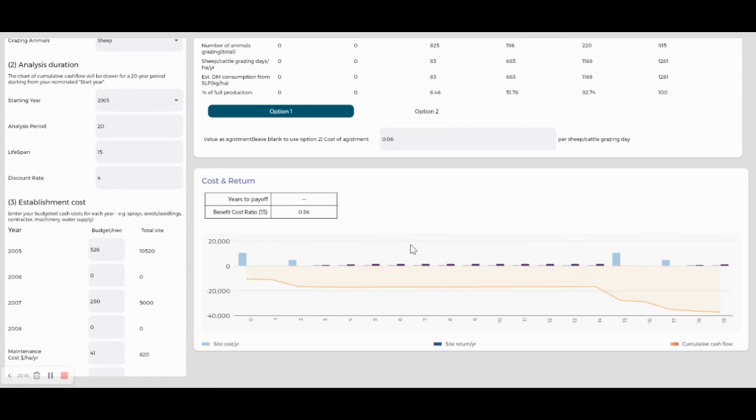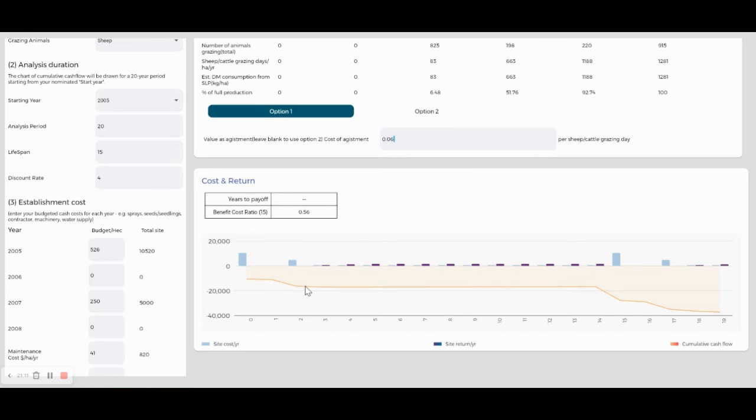And what we see looking at our graph is that we now have these dark blue bars, which are the return per site, and at 40 cents per head per week, or 6 cents per head per day, the return from using the saltbush as a substitute for agistment is insufficient to cover the costs of establishment.